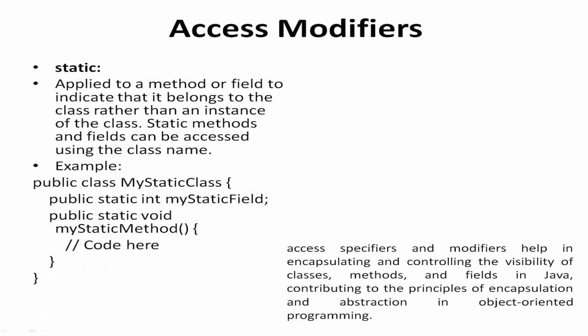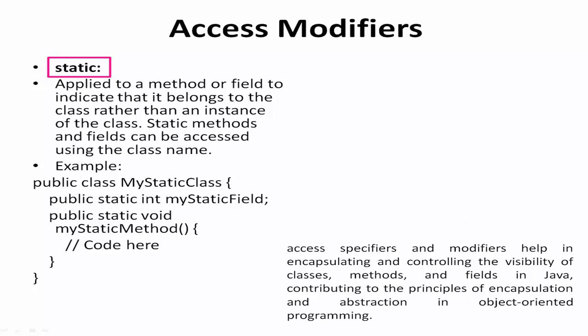So next one is static. Already we have discussed static, but let us see what it is. It is applied to a method or field to indicate that it belongs to the class rather than the instance of the class. Static methods and fields can be accessed using the class name. Already we have seen the static block and static variable, so now we are going to see the static method.